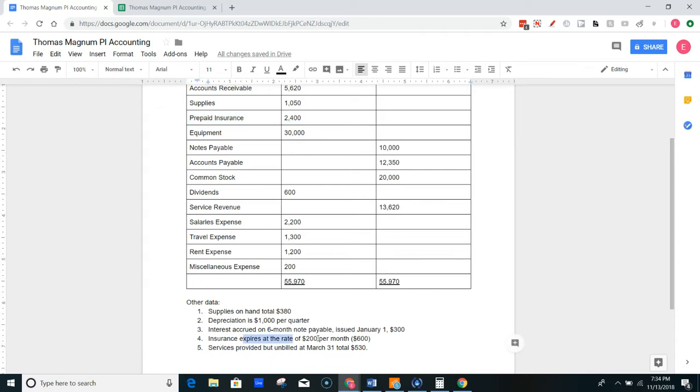Now, we've used up 3 months worth of that because it's the end of the course. So we've used up $200 per month, or $600 worth of insurance has been used up. So we know we're going to have to credit our asset of prepaid insurance because you don't have as much as we had before, right? We've kind of pulled from our pool of insurance that we have because we used it up over the course of those first 3 months.